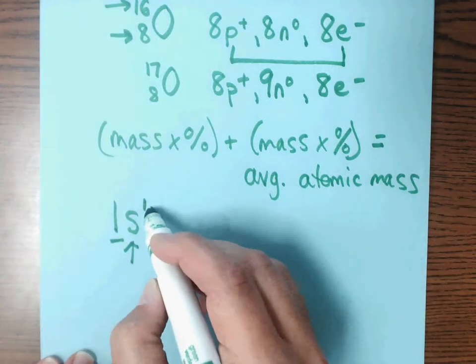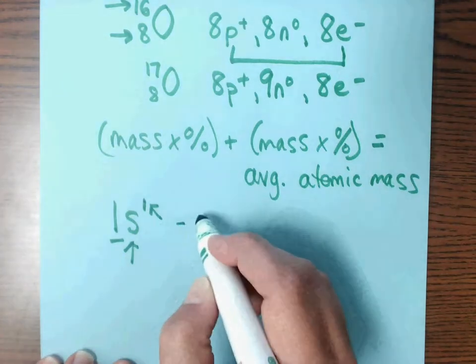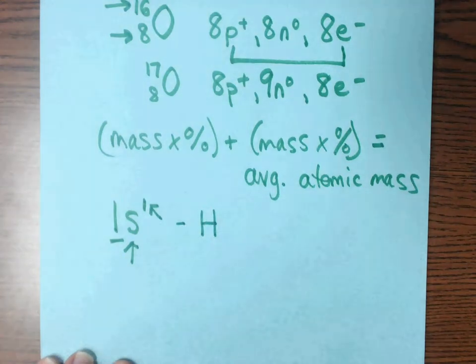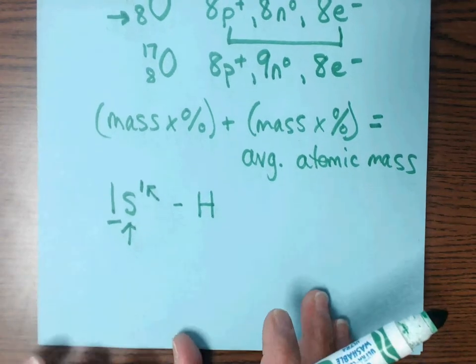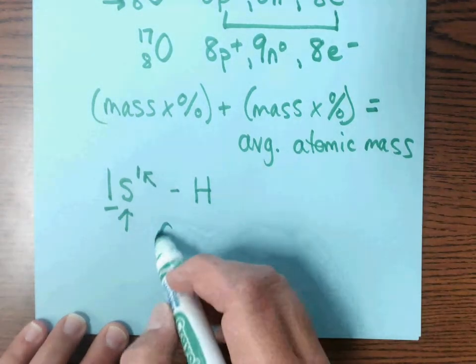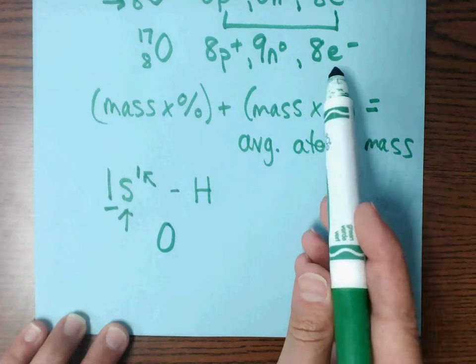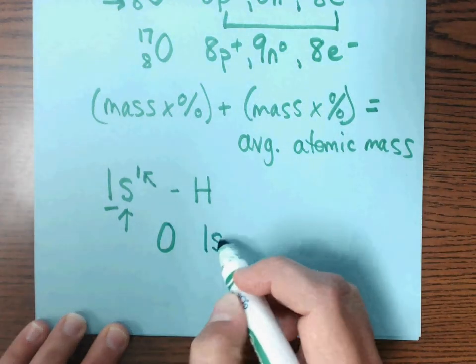This tells you how many electrons are in that sublevel, so 1. So the element with the configuration 1s1 is hydrogen. So you need to be able to write electron configurations and pick out the element. So if I said to write the electron configuration for oxygen, up above we said it has 8 electrons, so we start at the 1s.